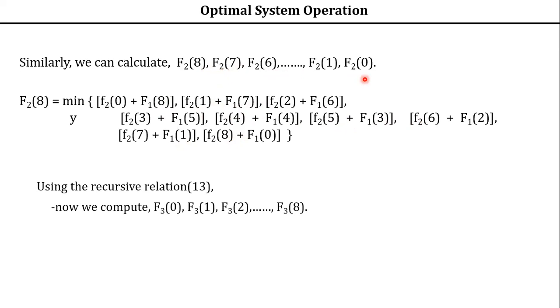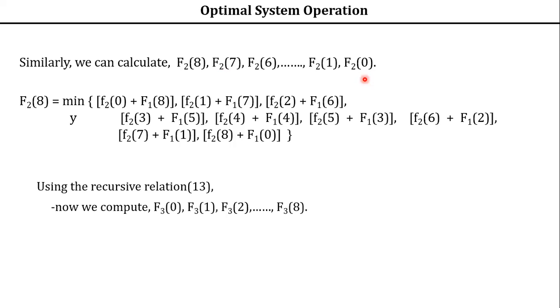Then what you have to do? This is for F2 of 8. F3 you have to do it. Isn't it? For F1 of 9, F2 of 9, F3 of 9, F4 of 9, I have explained it. Similarly, repeat this to calculate F2 of 8.